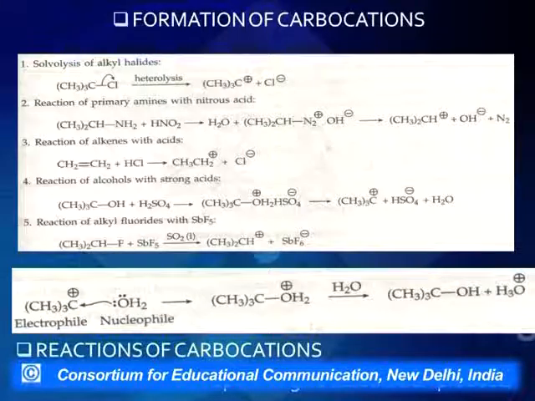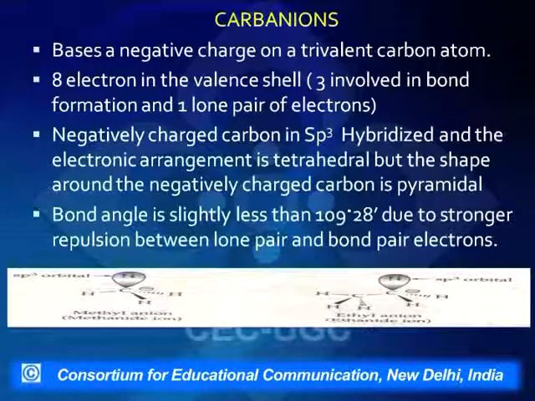If we look at this reaction, a carbocation is reacting with a nucleophile, that is water, OH. So in this reaction, the carbocation is acting as an electrophile and water is acting as a nucleophile, and what we are getting here is basically a nucleophilic substitution reaction.